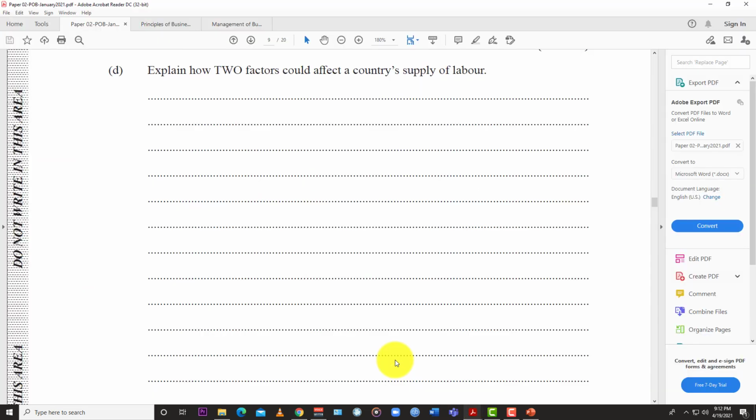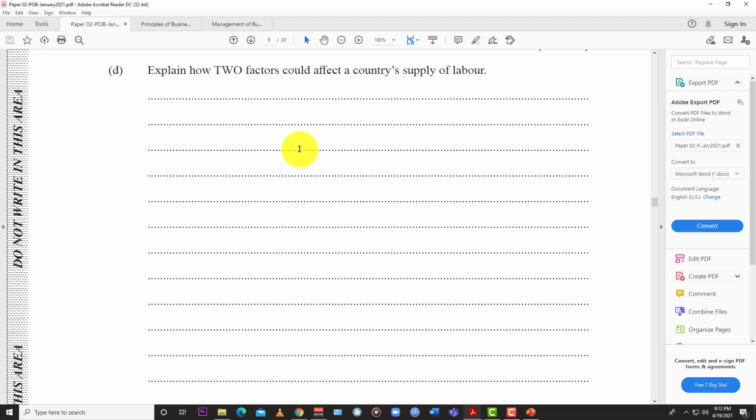So outside of the more technical factors such as the birth rate, the death rate, the overall population size and the population density, you can see how those can affect your supply of labor also. A large population means that you have a higher pool to pull from, so your supply of labor would be higher. A small population would be the opposite. If you have a high birth rate, you're adding to the population, and therefore you would increase the pool later on, and that would impact the supply of labor also.